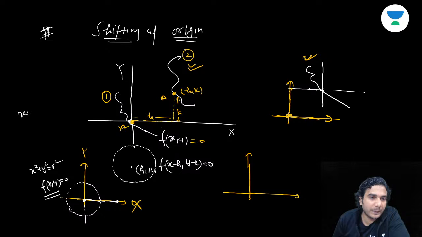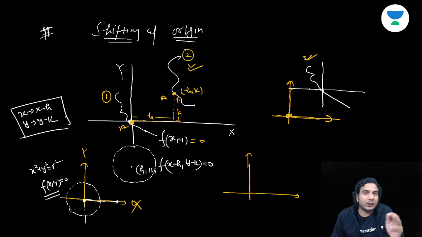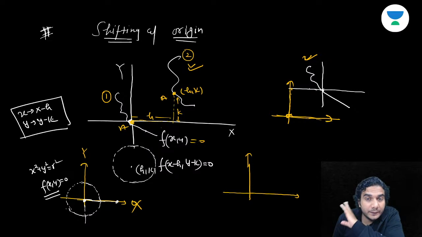So you need to replace x by x minus h and y by y minus k if the curve is translated horizontally by h units in positive direction of x axis and vertically by k units. Remember that.